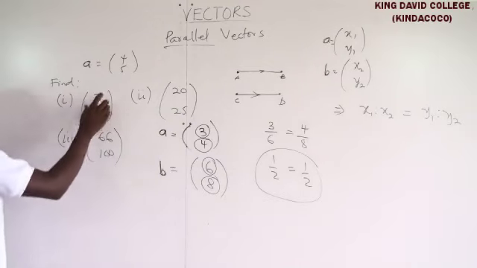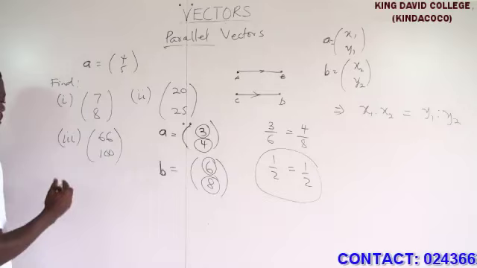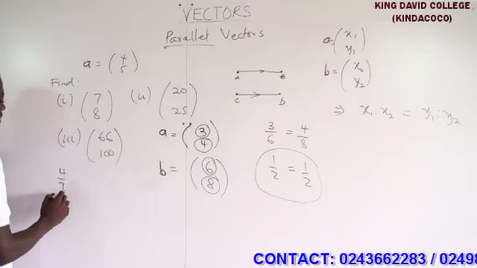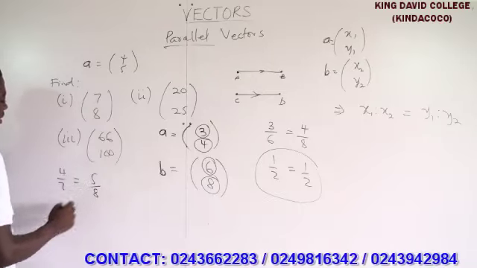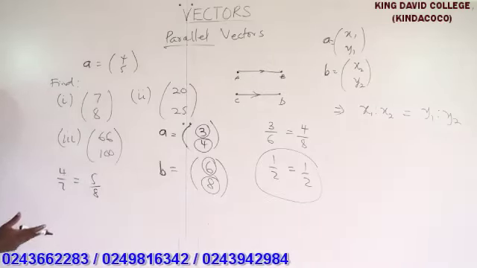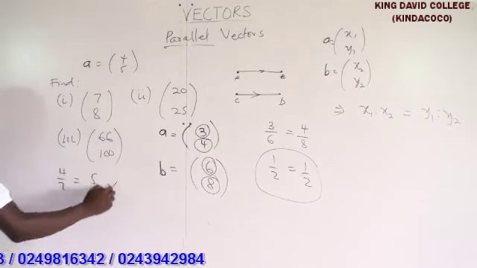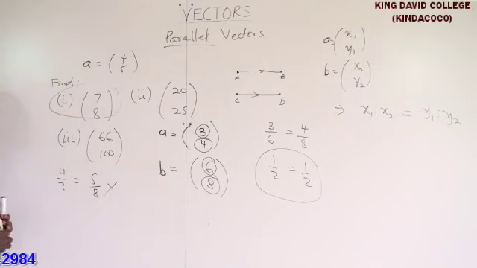So we pick the first one, and we divide 4 by 7. We see whether it's equal to 5 divided by 8. And this one definitely is not equal, right? They are not the same. So this is not in parallel with what we have. Then we have this and that.